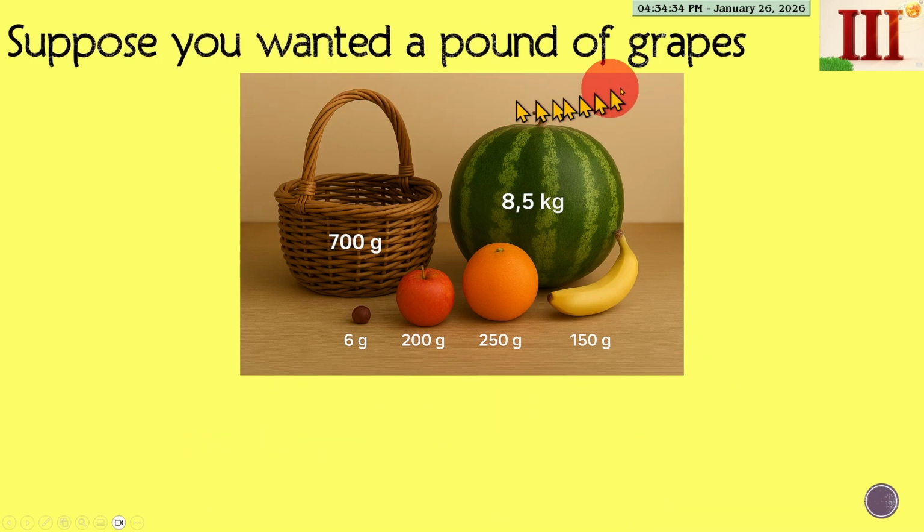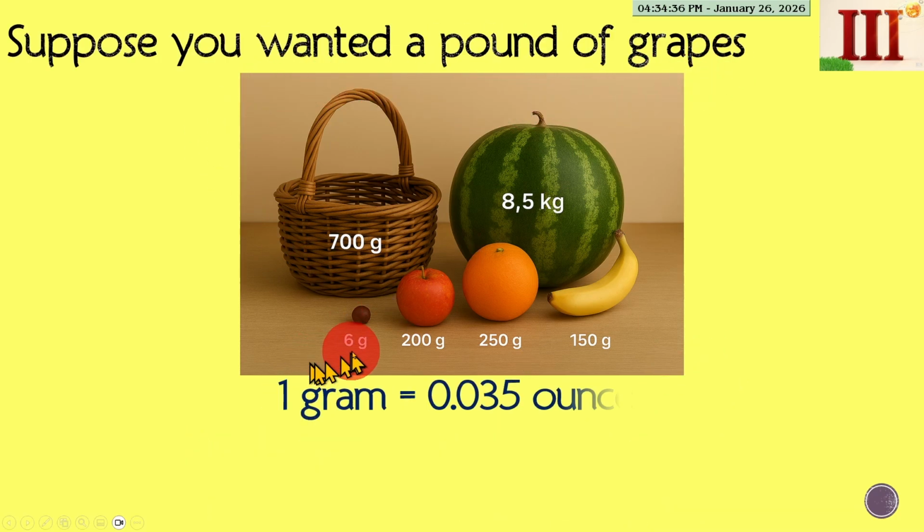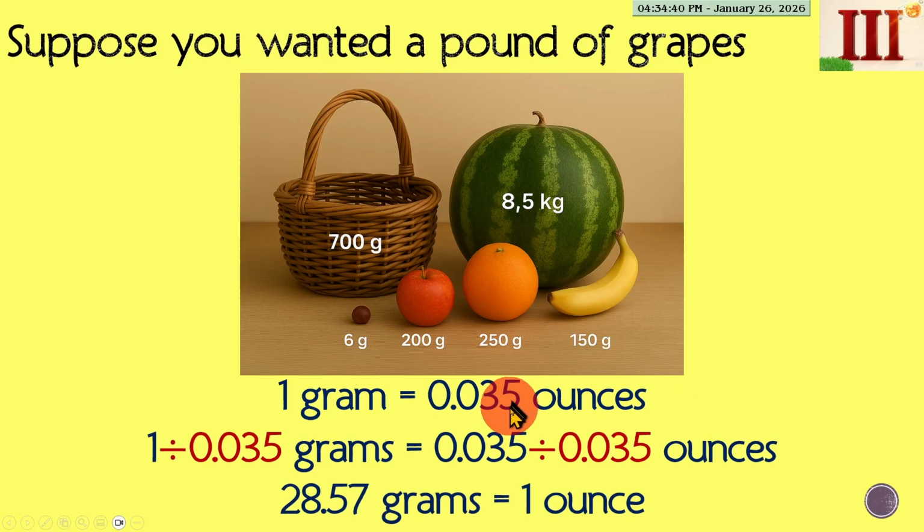So suppose you wanted a pound of grapes. Now, 1 gram, we still have the same conversion. But this time we're dividing. The reason why we're dividing is we need to know what 1 ounce is, because we need a pound of grapes and we know it's 16 ounces.